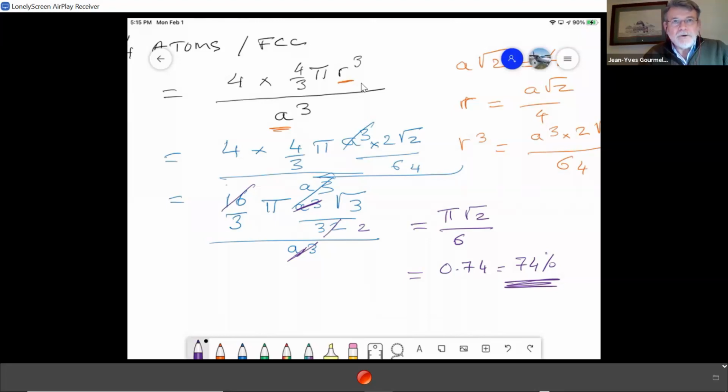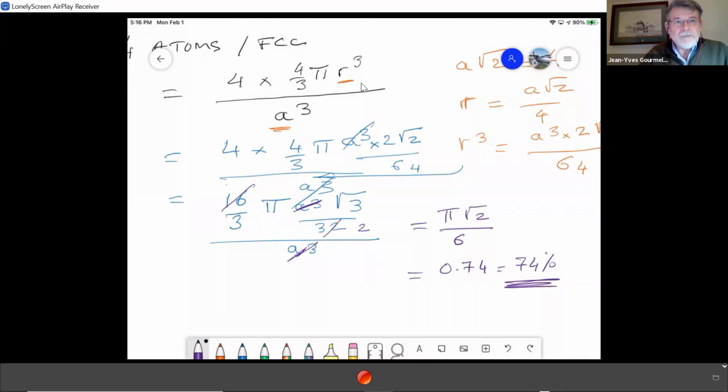Again, in the other class, FCC, that we just talked about, the face-centered cubics, the aluminum, the copper, the nickel, and so forth, they are all face centered, which means that we have four radii, and they're all touching. That is to be remembered. So it's easy.